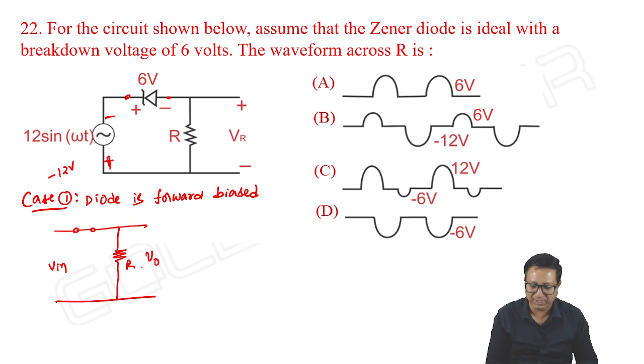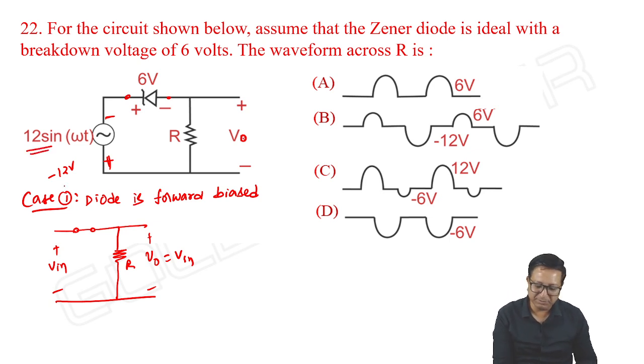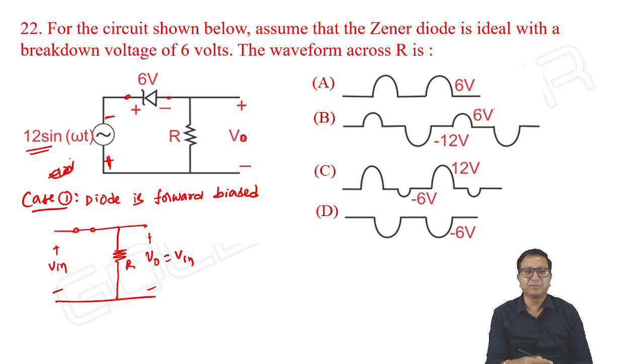VR or V output, let me take V output also, doesn't matter. Then what is V output? Output is equal to input. And how long is this possible? As long as the input is negative, meaning the complete negative half cycle. You are starting with minus 12, and as long as the input is negative, the diode is forward biased.